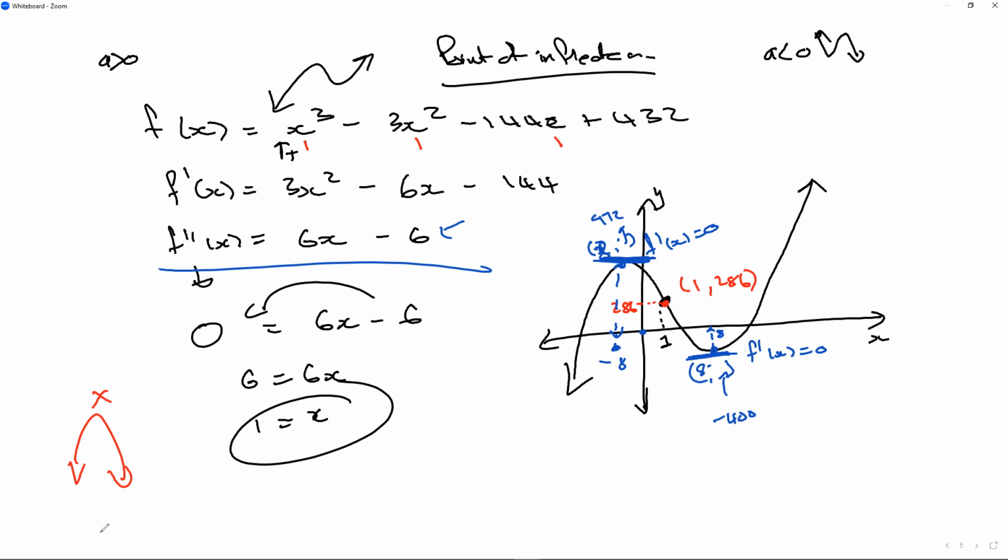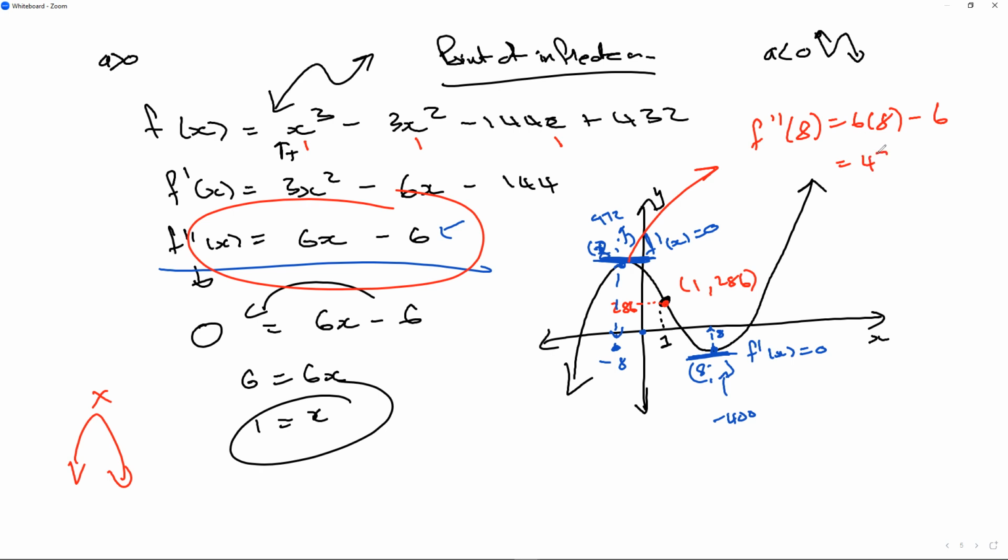And so I can get the turning points. So if I substitute each of those values into my second derivative function, I can test it. My second derivative at 8 is going to be 6 times 8 minus 6. That's 48 minus 6, which is 42. So this is greater than 0, implying that this is a minimum.